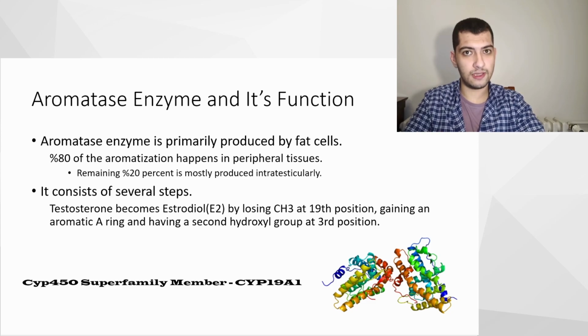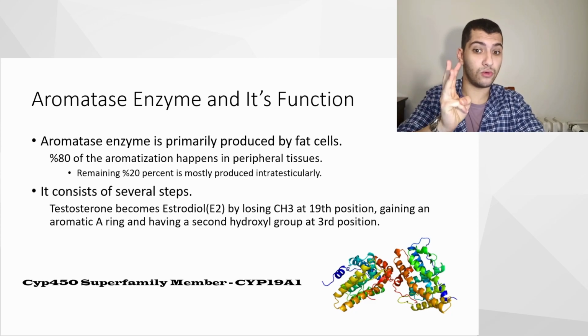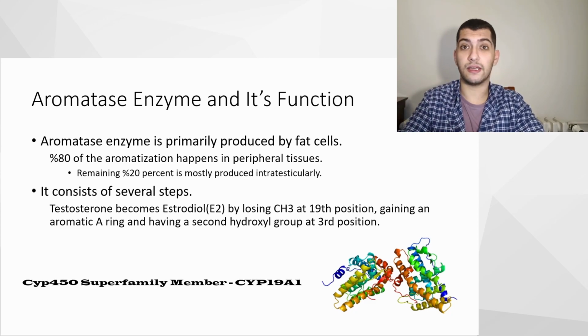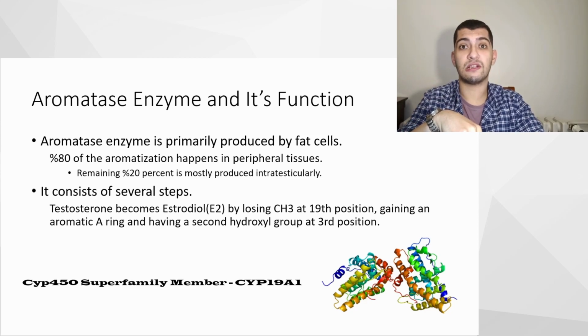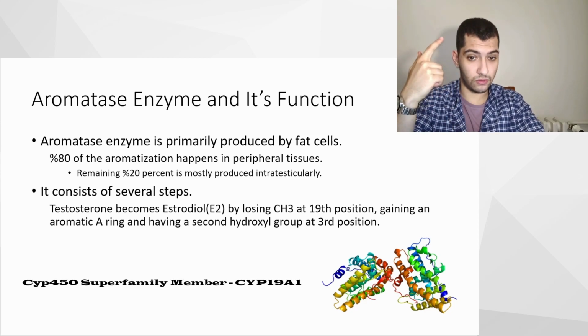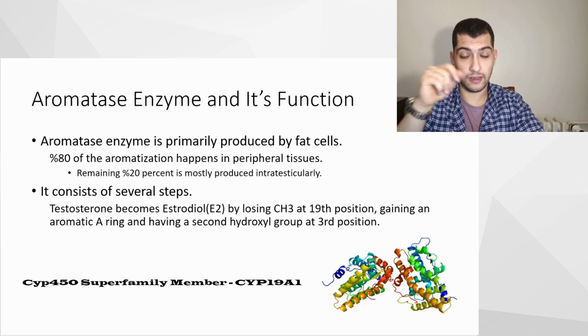And the aromatization consists of several steps. Testosterone becomes estradiol by losing CH3, a methyl group, at the 19th position, gaining an aromatic A ring, and having a second hydroxyl group at the 3rd position. As you may know, testosterone has only one hydroxyl group at its 17th position.